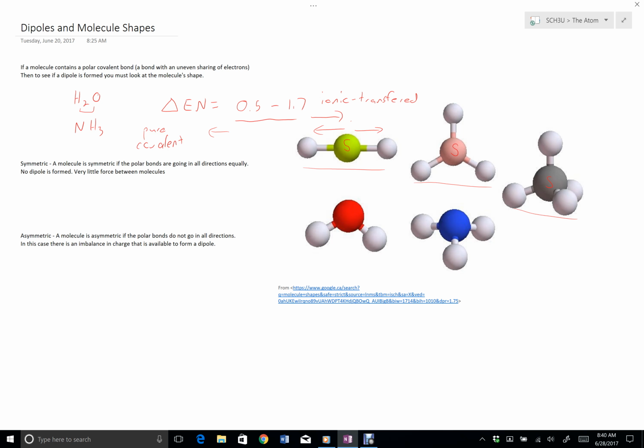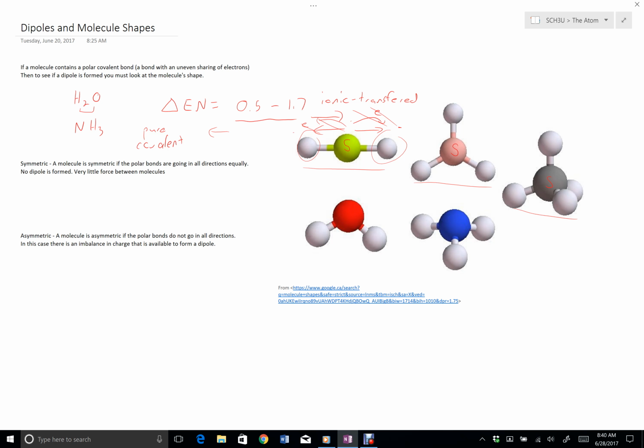If that's the case, then let's say this atom tries to pull the electrons this way, trying to make this side a little negative, and this same atom tries to pull the electrons out this way, trying to make this side negative, but they're fighting against each other. They're both pulling in opposite directions, and so they cancel each other out.